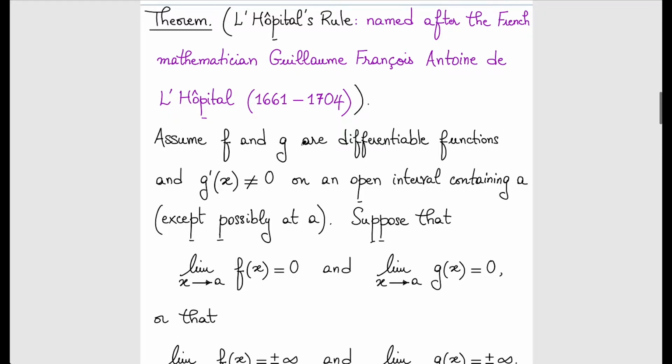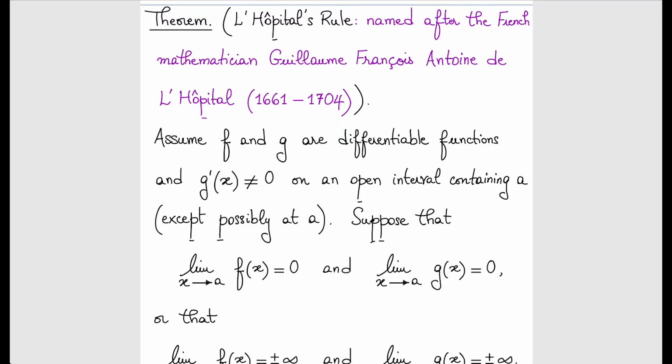Assume that f and g are differentiable functions. Remember, differentiable functions means their derivative exists. And since g prime exists, let's also suppose that g prime is not 0 on an open interval containing a, except possibly at a.